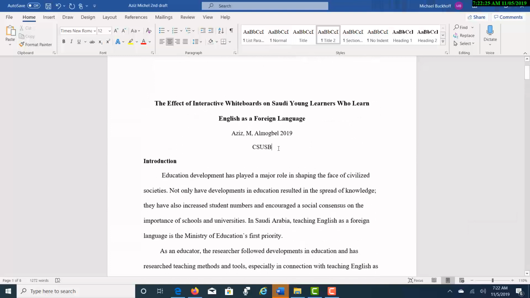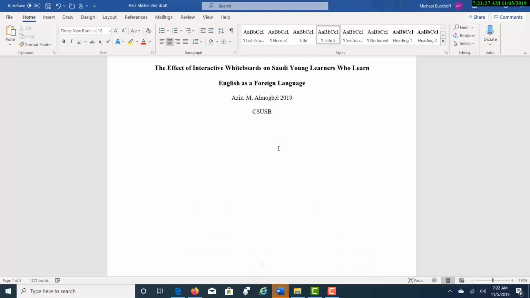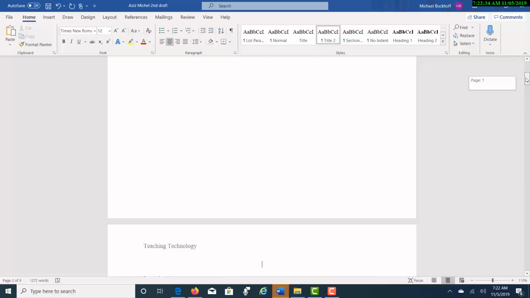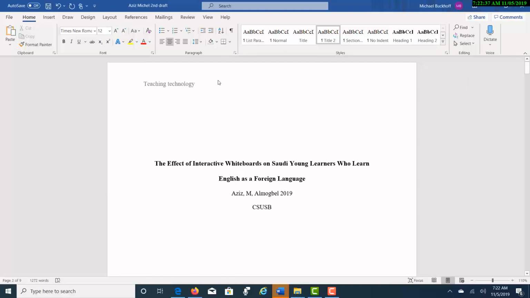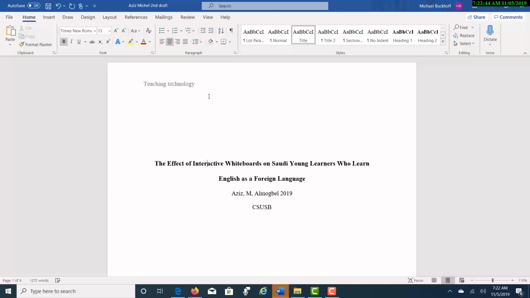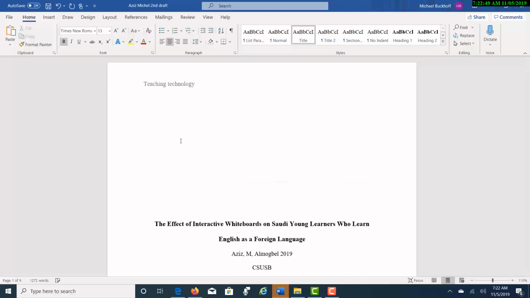The next step is let's give you a title page apart from your introduction. See what we're doing here? And let's kind of move this down. This looks like this is okay, so then you have the effect of you put teaching technology here.